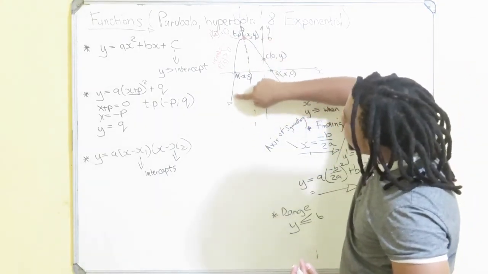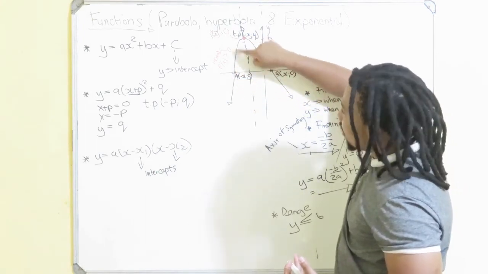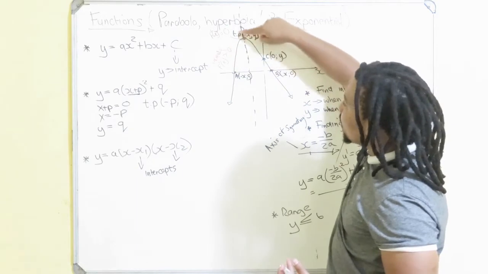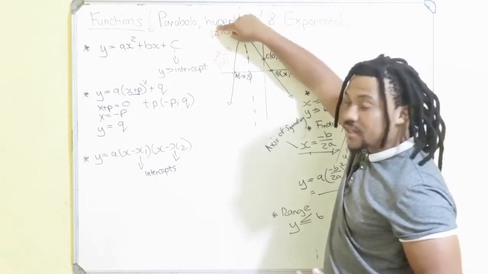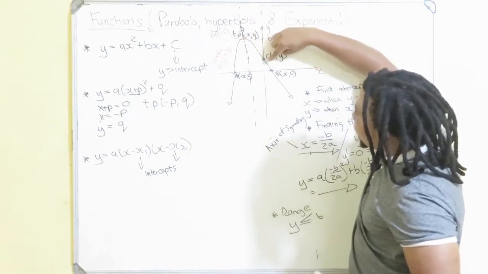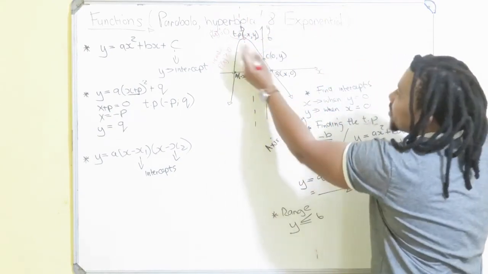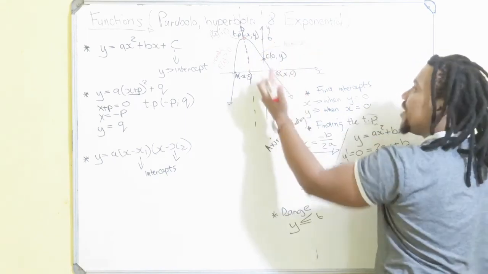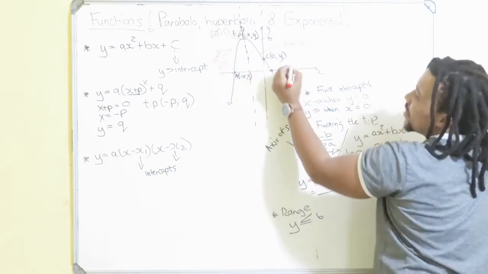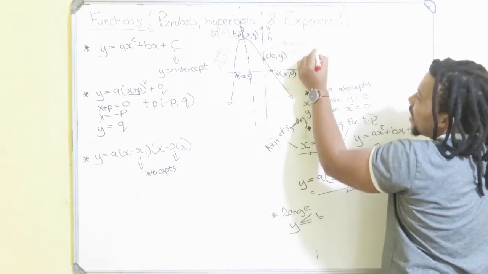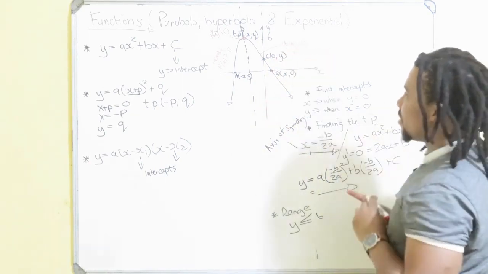So that is what happens as well. It increases, and while it's increasing, the values of f'(x) are greater than 0. When it gets to the turning point, f'(x) is equal to 0, and then it decreases again. From the turning point, it decreases again, and when it decreases, that is when the values of f'(x) are less than 0.